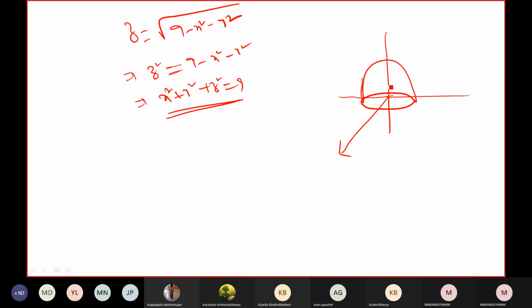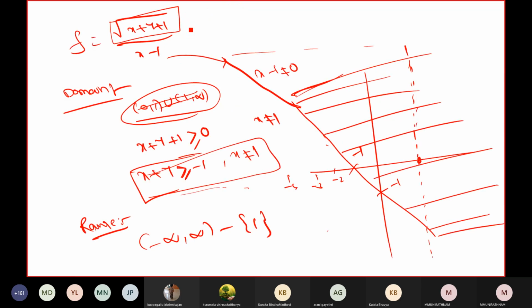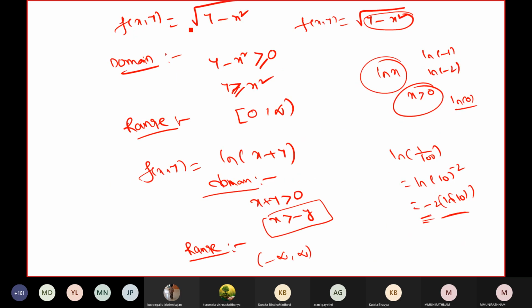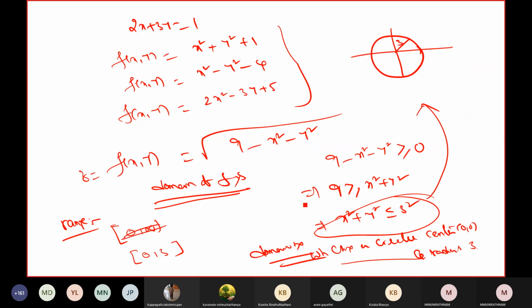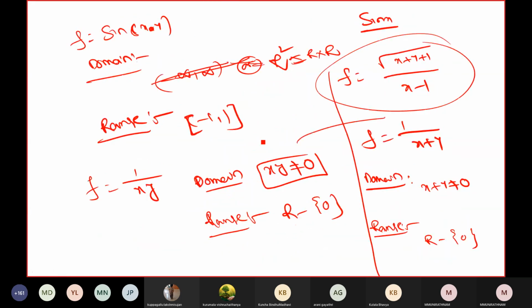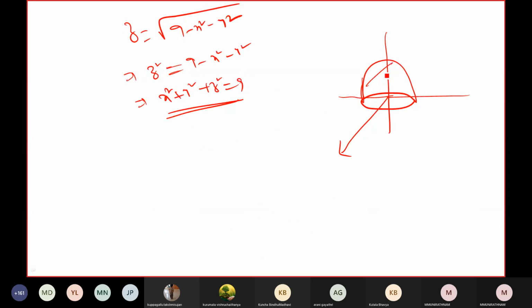That is a sphere of radius 3, but only the positive half of the sphere, because z is always positive, taken as positive values because of the root. So this is the shape of the graph z equal to root of 9 minus x square minus y square, with radius 3.